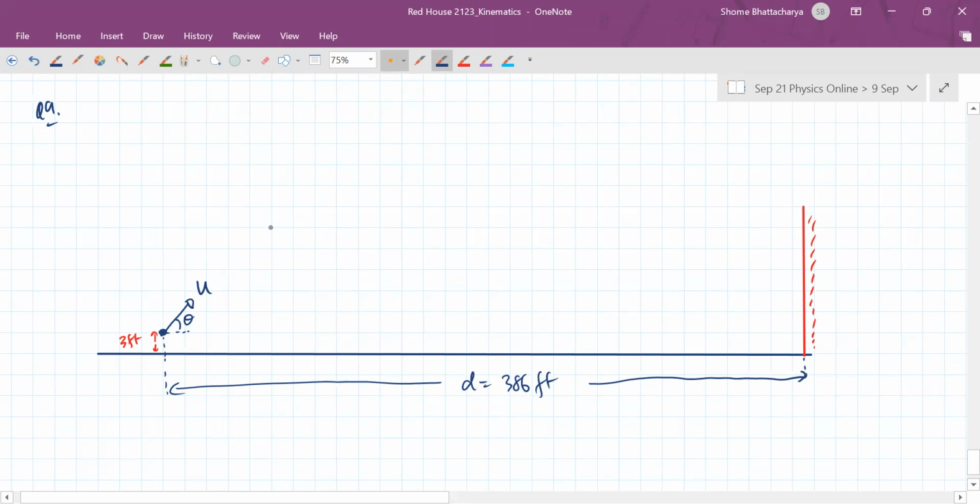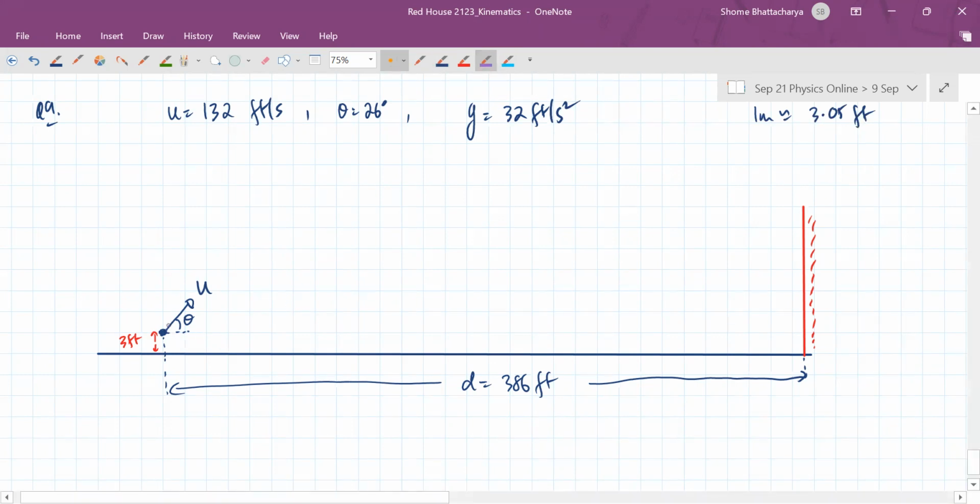The ball is projected at a speed of 132 feet per second at an angle theta equal to 26 degrees. And we'll take the value of g as 32 feet per second square, using the conversion that 1 meter is approximately 3.05 feet.